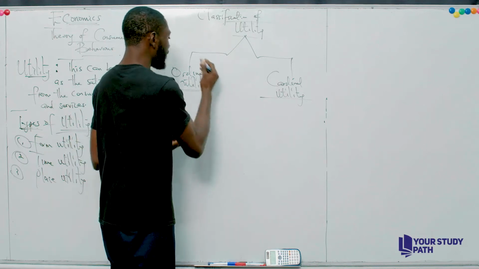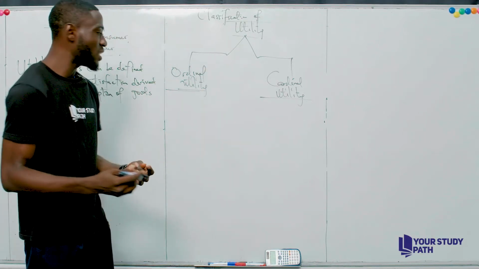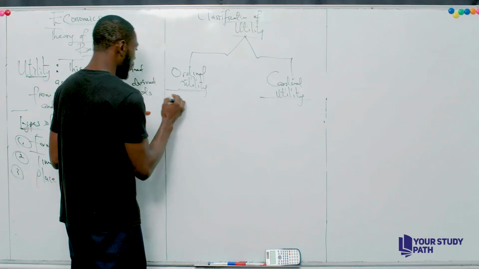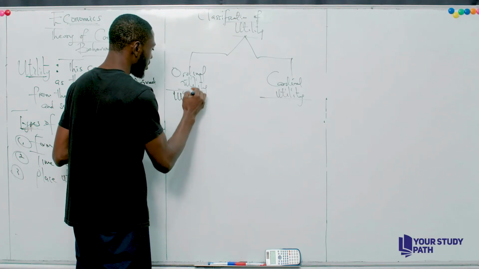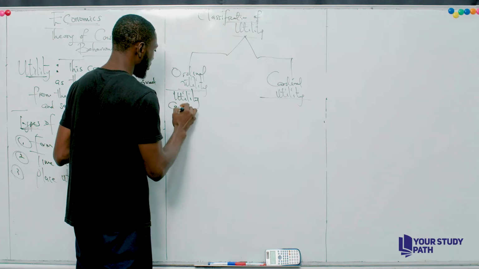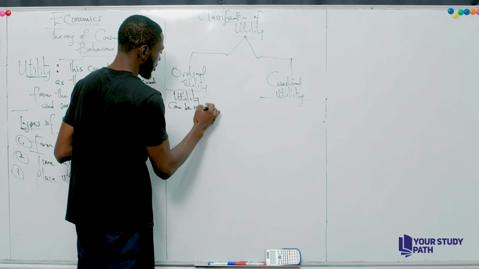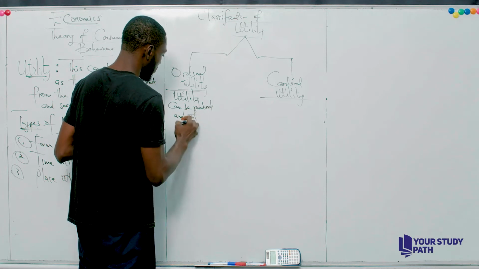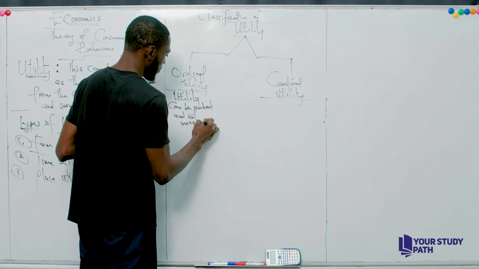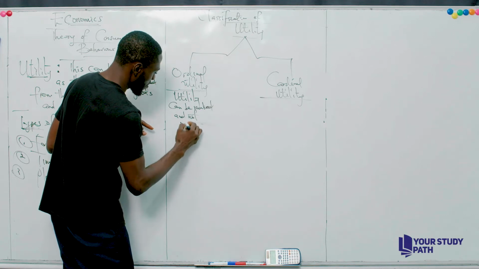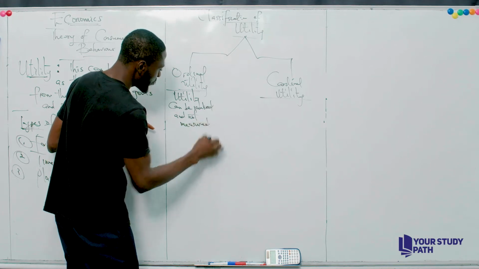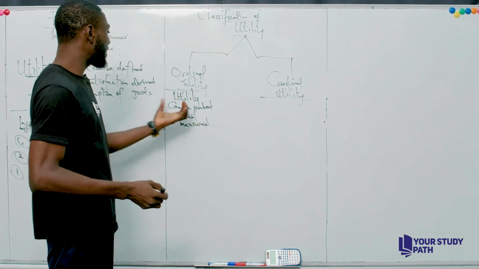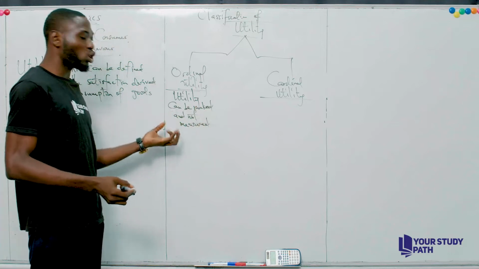The ordinal view is telling us that utility can be ranked and not measured. Look at this: utility can be ranked and not measured.